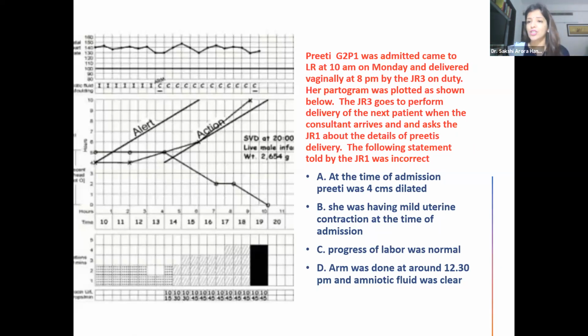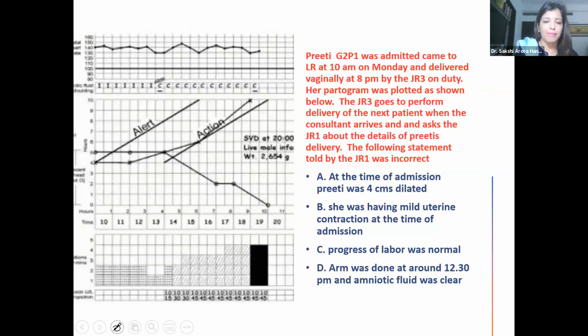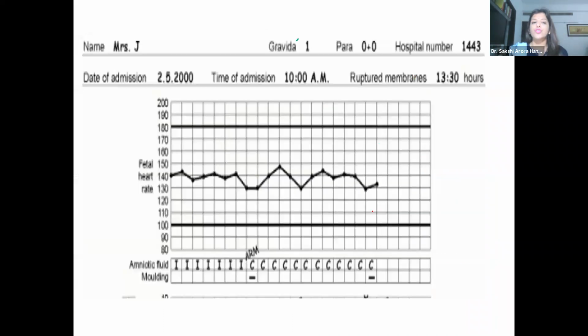See, whenever a question comes on partogram, there are 3 parts of the partogram which have to be read. One is the upper part of the partogram, then you have to read the middle part, and then the bottom part. The upper part gives you information about fetal heart rate.